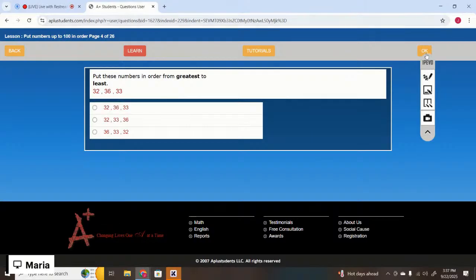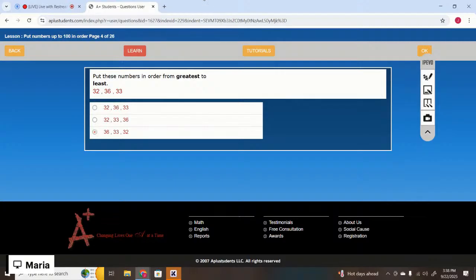Put these numbers in order from greatest to least. You need to arrange greatest to least.